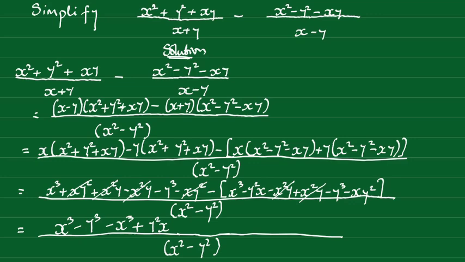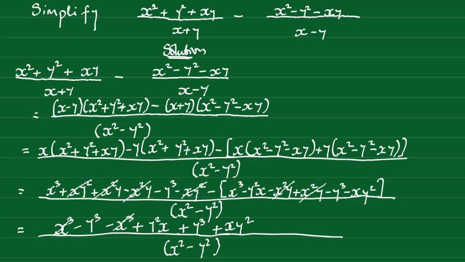Then minus times minus y cubed gives us plus y cubed. Then minus times minus xy squared gives us plus xy squared. Now cancelling further, we have x cubed cancels out minus x cubed.